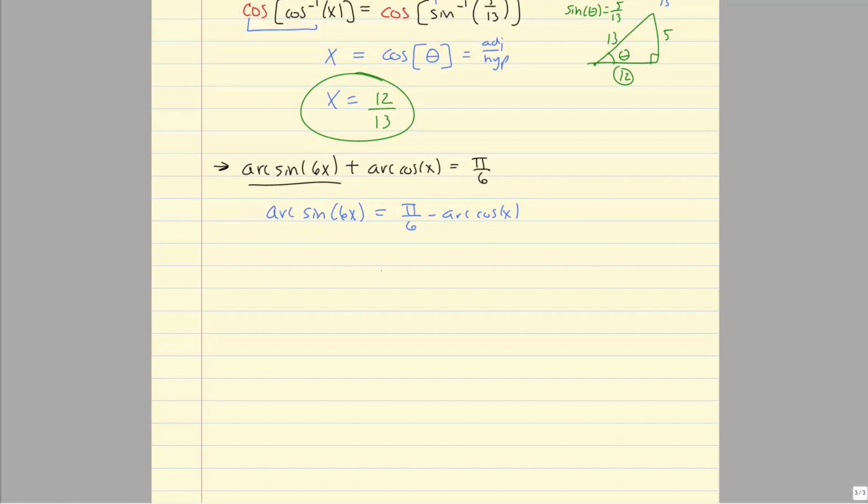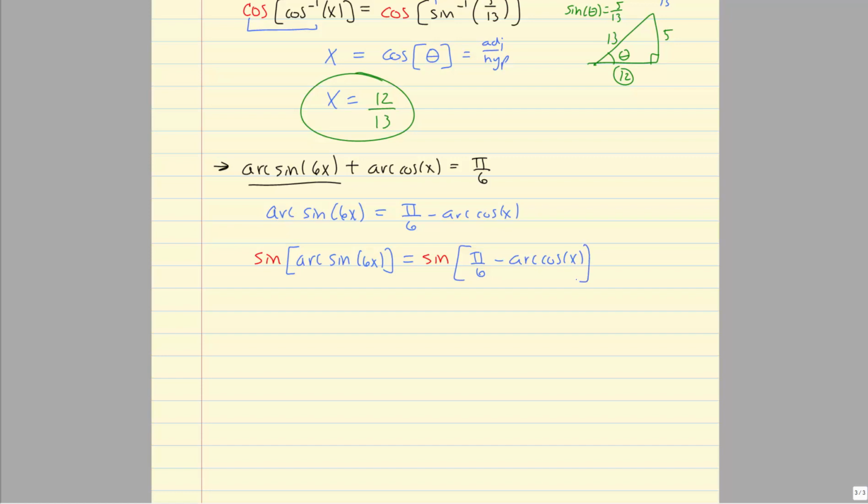Okay, so again I'm going to isolate the arc sine of 6x by subtracting over the arc cosine of x. Then what I'm going to do is take the sine of both sides. So I'll have the sine of the arc sine of 6x equals the sine of pi over 6 minus arc cosine of x.